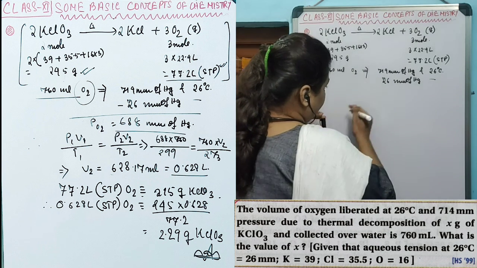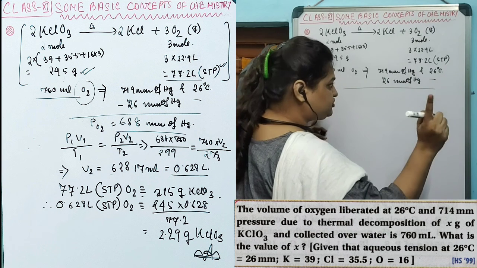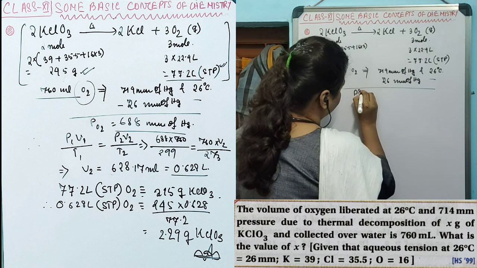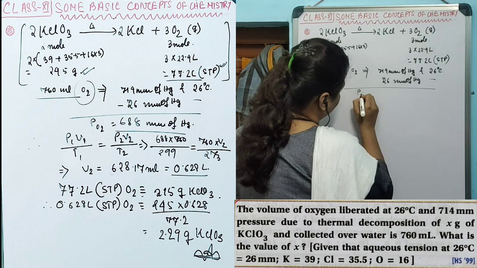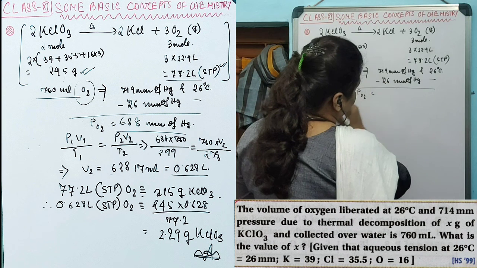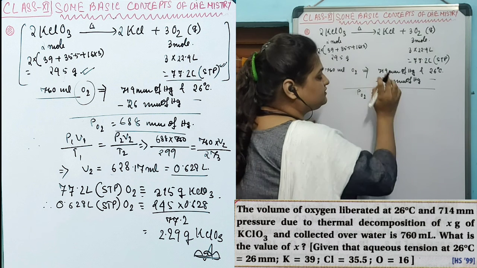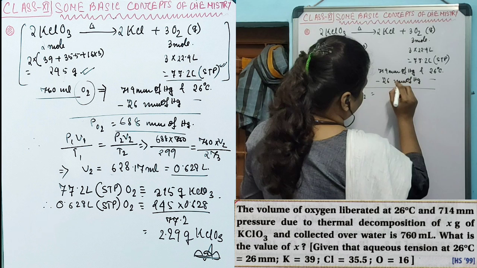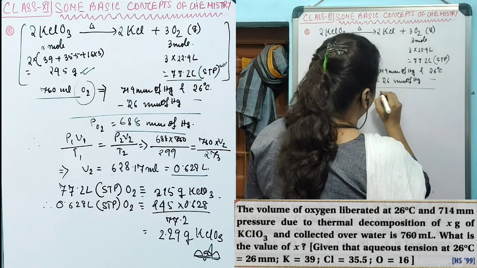The pressure only for oxygen we can find out by subtracting: 740 millimeter of Hg minus 26.